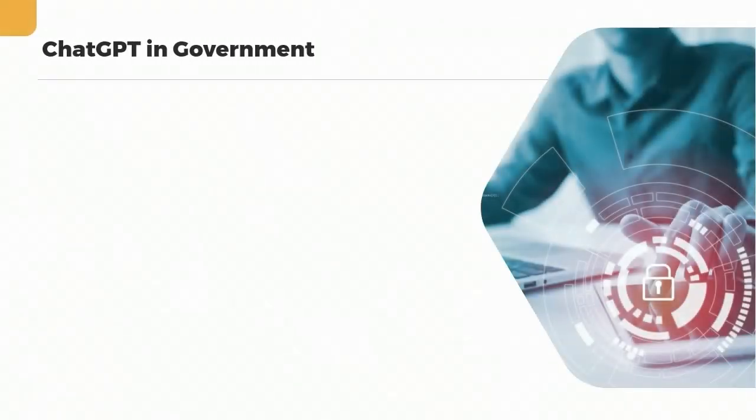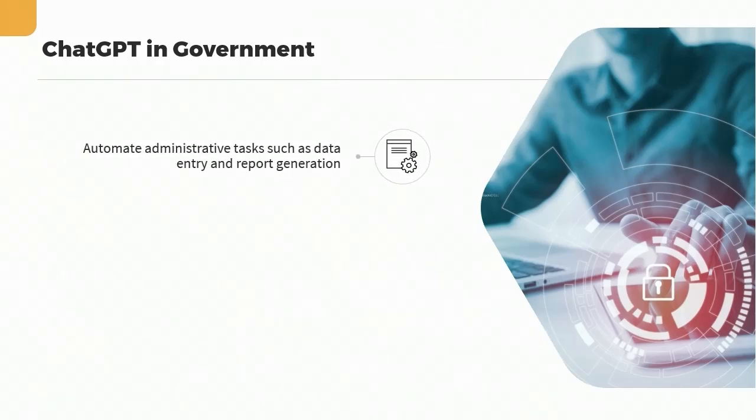Particularly valuable for reducing the manual labor required for tedious or labor-intensive tasks, government agencies are increasingly turning to ChatGPT to automate administrative tasks, such as data entry and report generation. Because ChatGPT can be fine-tuned with large volumes of data, it's able to learn patterns and relationships in data and then use this knowledge to automate various tasks.